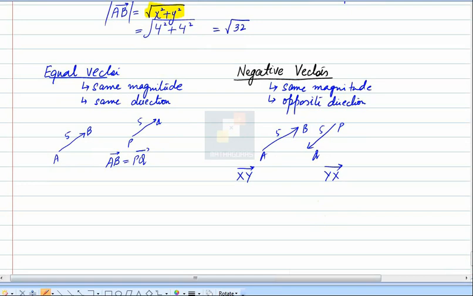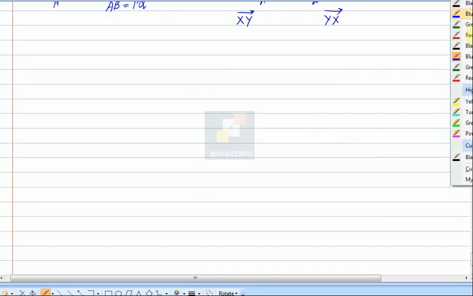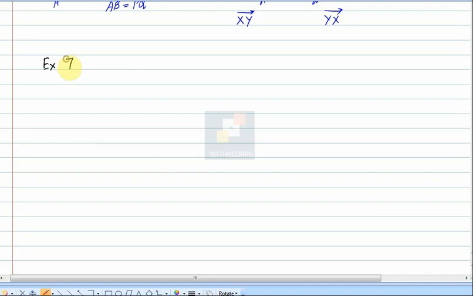After that, we will begin this exercise. It's 7A from your book 4, 7th edition. Exercise 7A, book 4, 7th edition, page number 225.